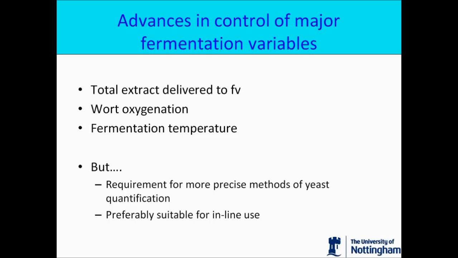Fermentation temperature maybe not all that bad, but certainly since that time methods have been put in place whereby we can now accurately measure and control all of those factors. However, really what we didn't have was a good, accurate method of measuring yeast concentration in line.